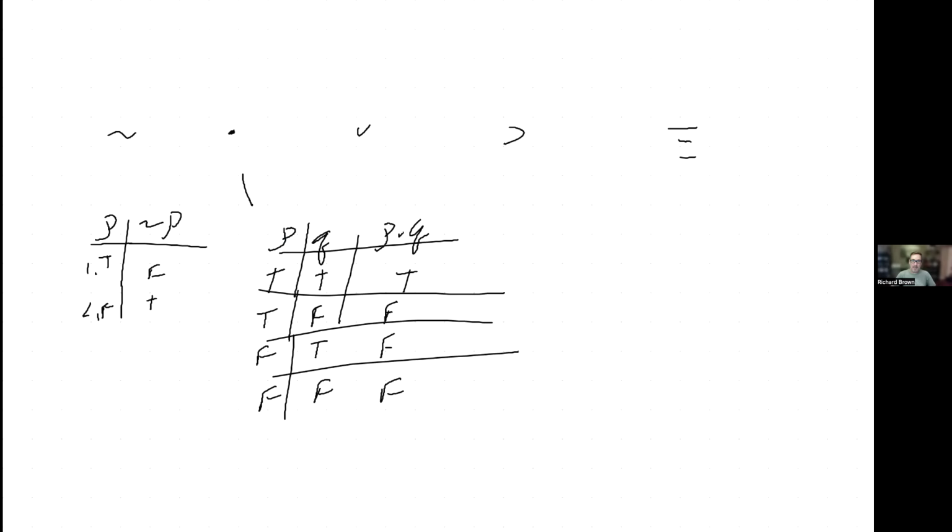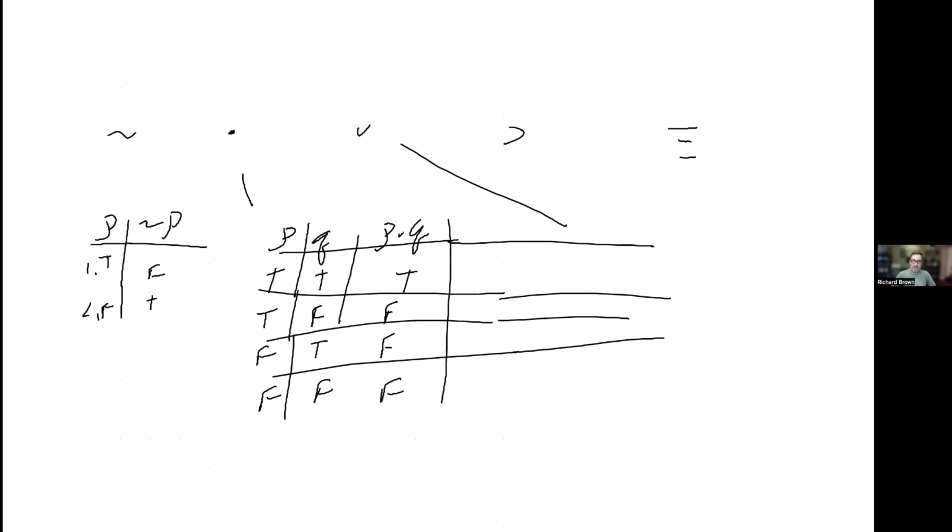And the wedge operator says if you want to put a wedge between these 2 propositions, and so then you have P wedge Q, then it's only going to be false when both of them are false and true in every other case. And then finally, we have our horseshoe operator, which says if you want to put a horseshoe between 2 propositions, then it's going to be true when they're both true, false when the antecedent is true and the consequent is false, and then true in each and every other case.